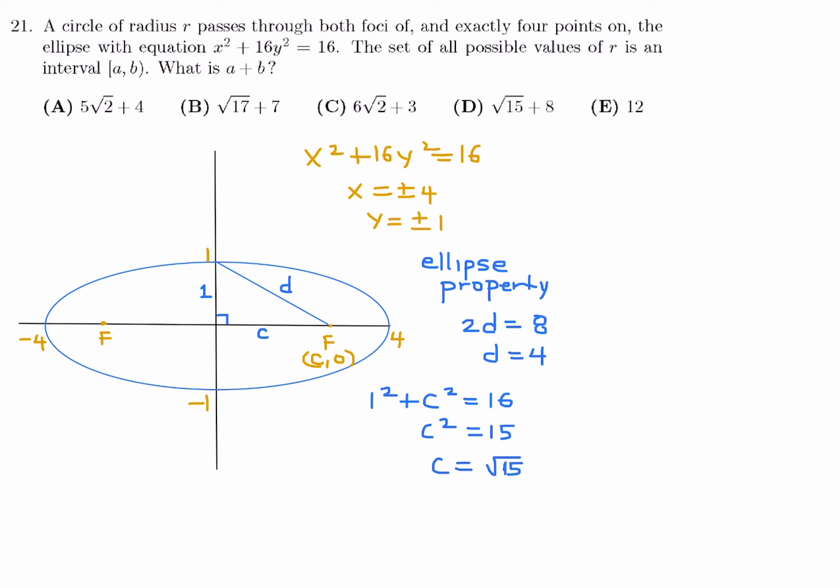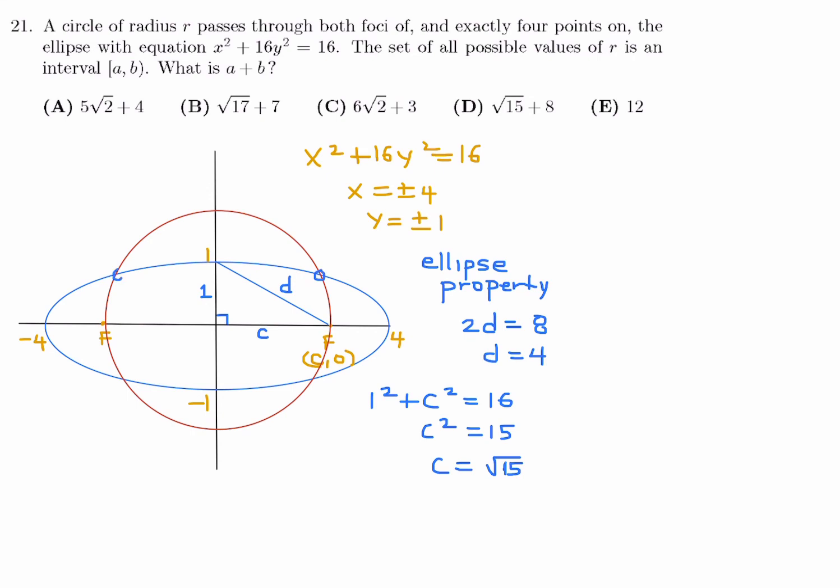So now let's start talking about the circle. The first scenario, of course, is a circle that goes directly through the foci like that and hits the other foci. Let me draw that again, matching the condition of the question, which is that it passes through both foci, this one and this one, and it passes through 4 points on the ellipse.